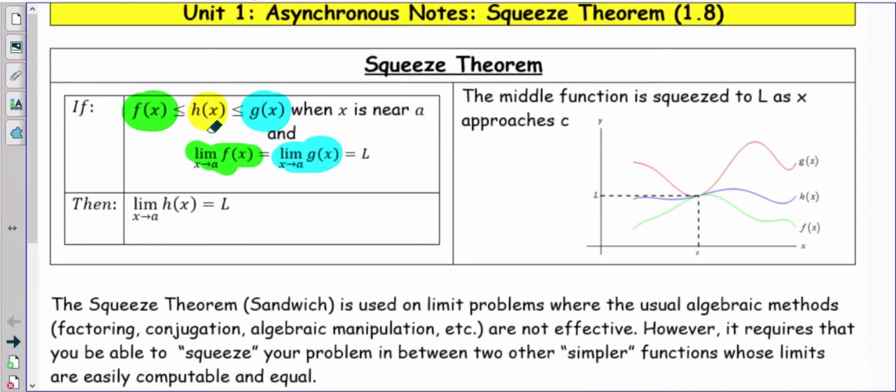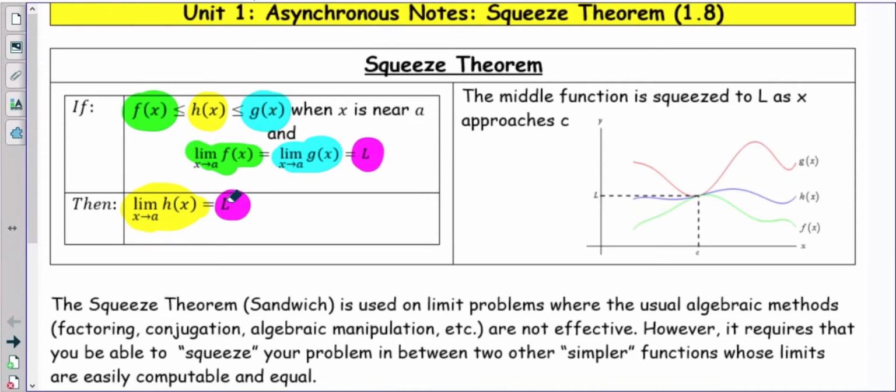So there are two outside limits that are the same, and what they happen to be is L. Then the limit as x approaches a of the middle function, which is h, must also be L. So there was a lot going on there.